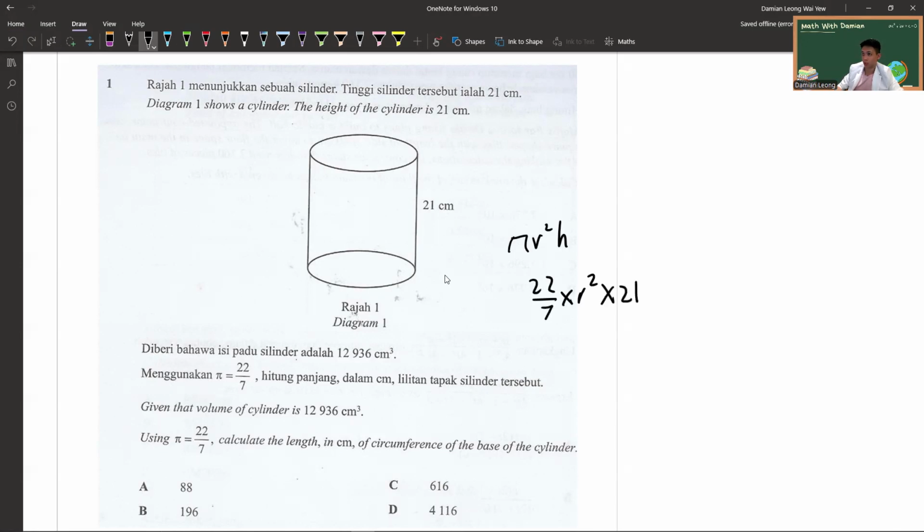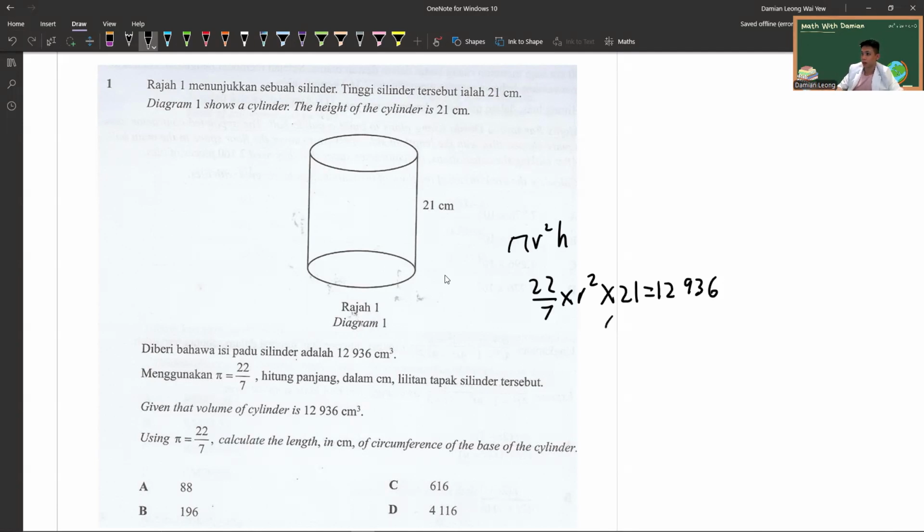Height is 21 cm. It will be equal to the volume, 12,936. Pi always follows the value of pi given. If they give you 22 over 7, use 22 over 7. So 22 over 7 times 21.